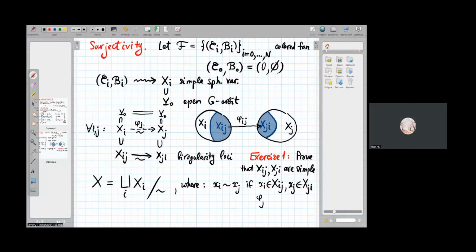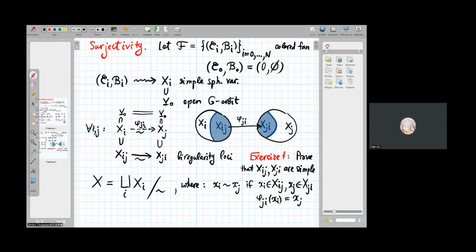Let it be phi ji from here to here, and also here, of course. Yeah, this will be more symmetric. So this map phi ji sends xi to xj.